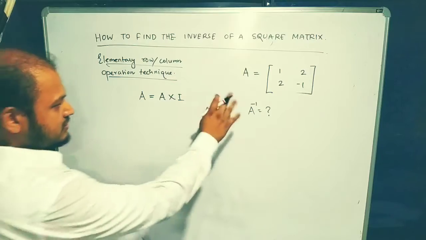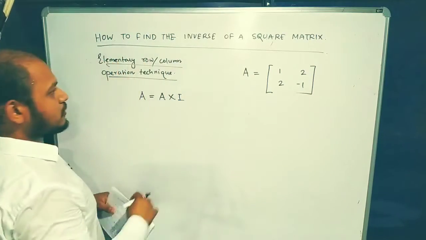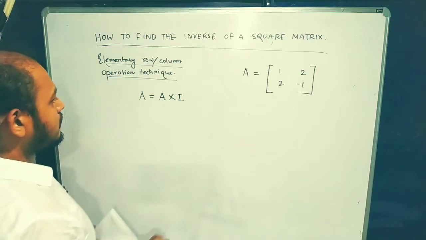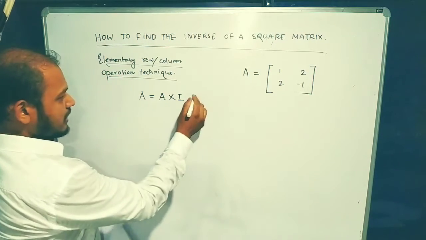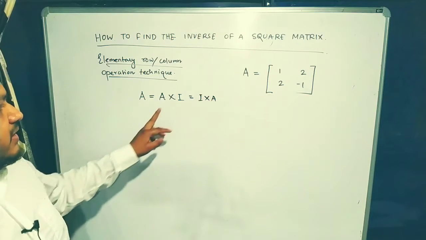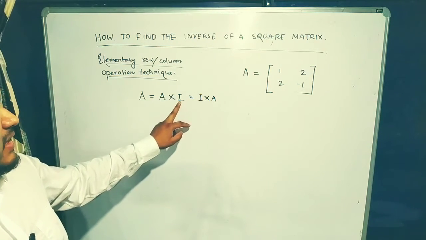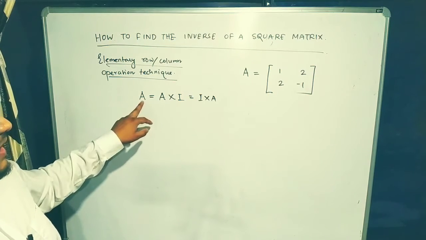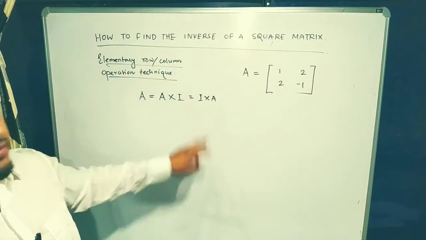that, for example, in this case we have this matrix, right? So we can say that A is equal to A into I, or I can also say I into A. As I said before, it does not matter whether you place I here or in the first position, it will always be equal to A, since this is an identity matrix.